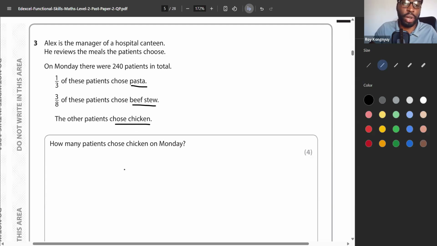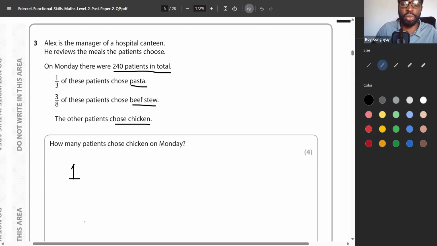All right, so right now we want to first look at things from the perspective of fractions. Before we even deal with the absolute values, let's just look at the fractional. If a third choose pasta, 3/8 choose beef stew, the others must choose chicken, right? And if we consider all of them as a whole, well, that's one whole.